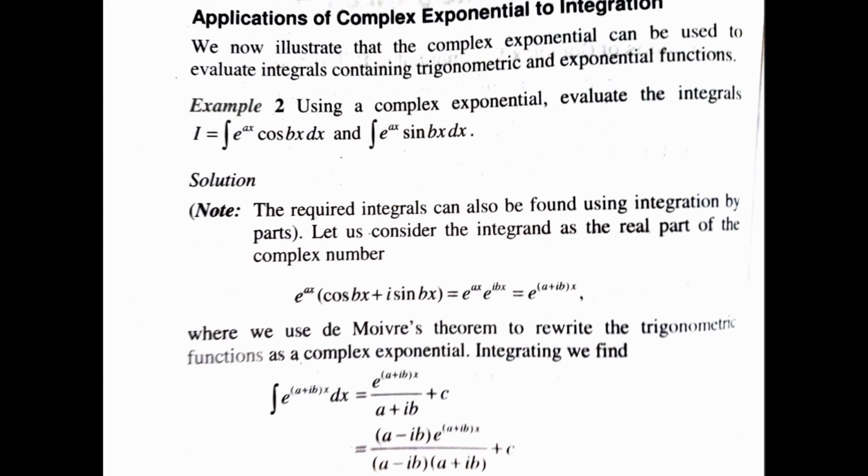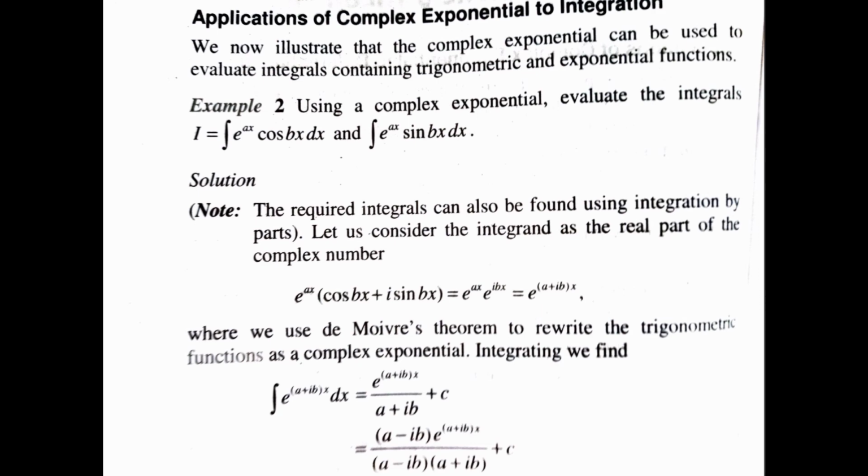Integrating, we find integral of e raised to (a plus ib)x dx equal to e raised to (a plus ib)x divided by (a plus ib) plus c.